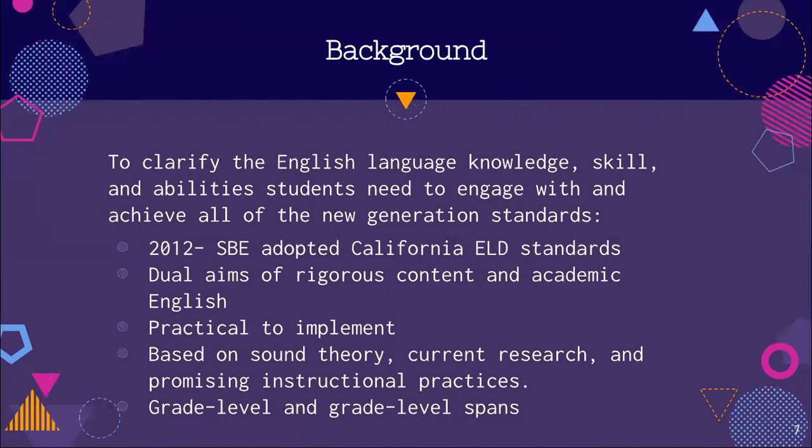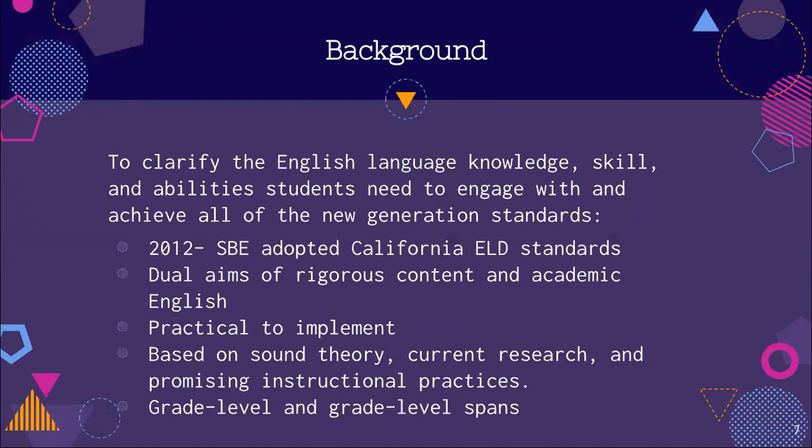The purpose was it has dual aims of rigorous content and academic instruction in English for English learners, and they wanted it to be practical to implement. It is based on sound theory, current research, and promising instructional practices, and has both grade level and grade level spans included.